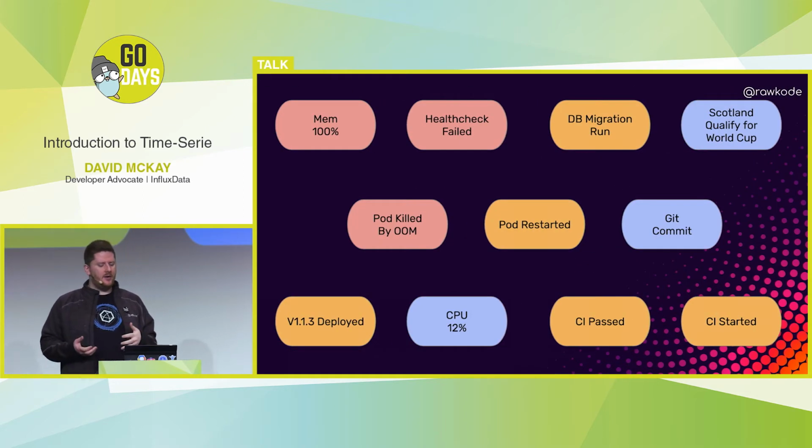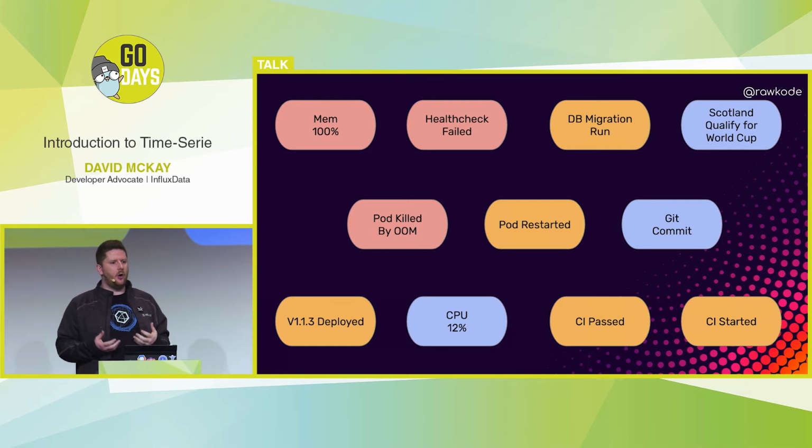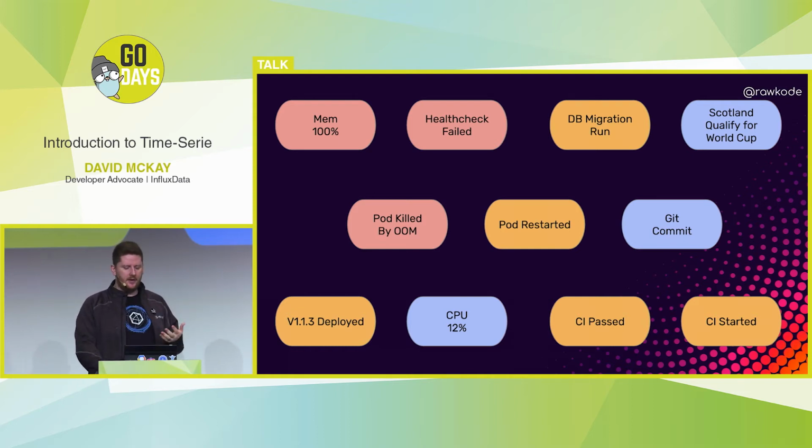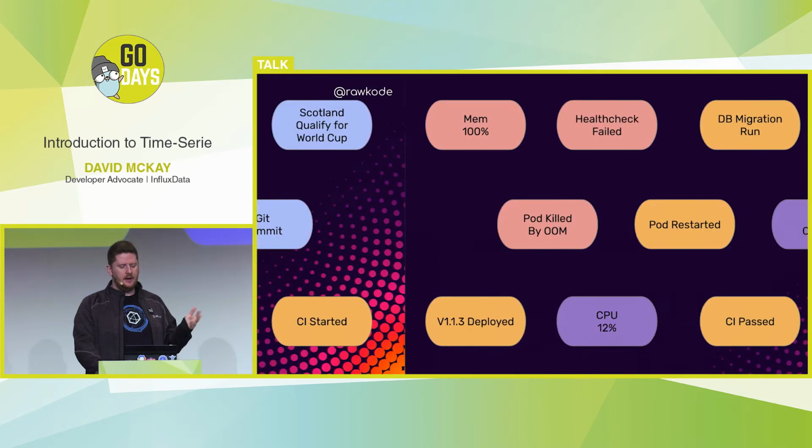What we have in a lighter orange is what we could consider causal events. These are not dangerous on their own, but they could have a knock-on effect or a cascading effect that could cause the more dangerous events. Running a database migration is actually quite a scary thing. Pods restarting can have unexpected side effects. Deploying a new version of your software, that's always dangerous. So we have causal events that affect the danger events.